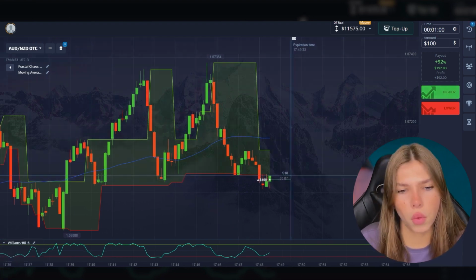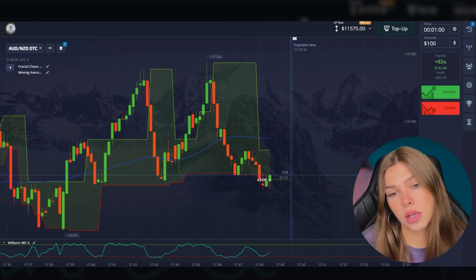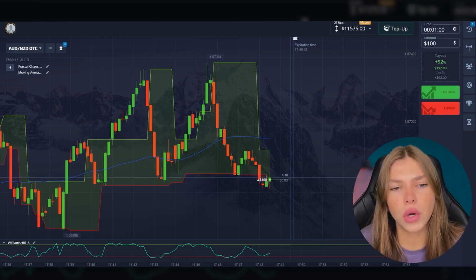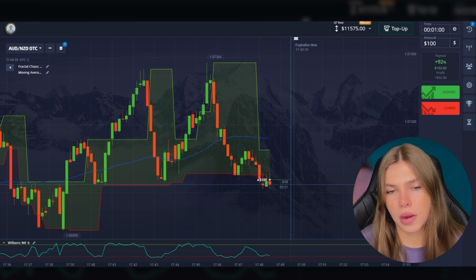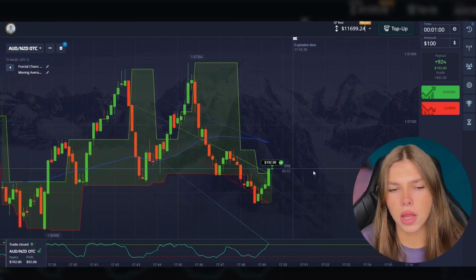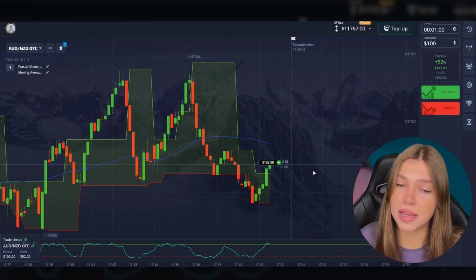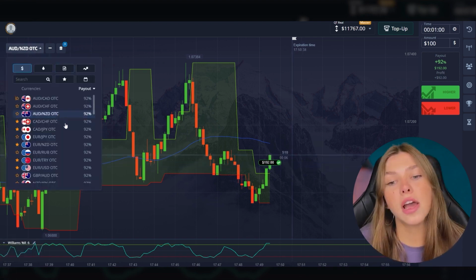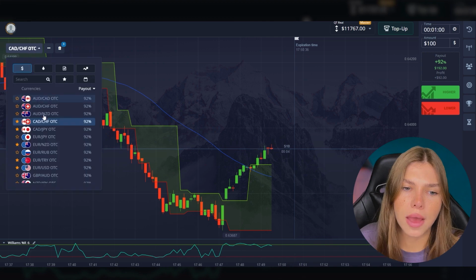We open together with a new candle to increase, as Williams shows the upward movement confirms us. The price returns to the channel and only a few seconds remain. Our deal closes in a plus, great, plus $92 to our balance.